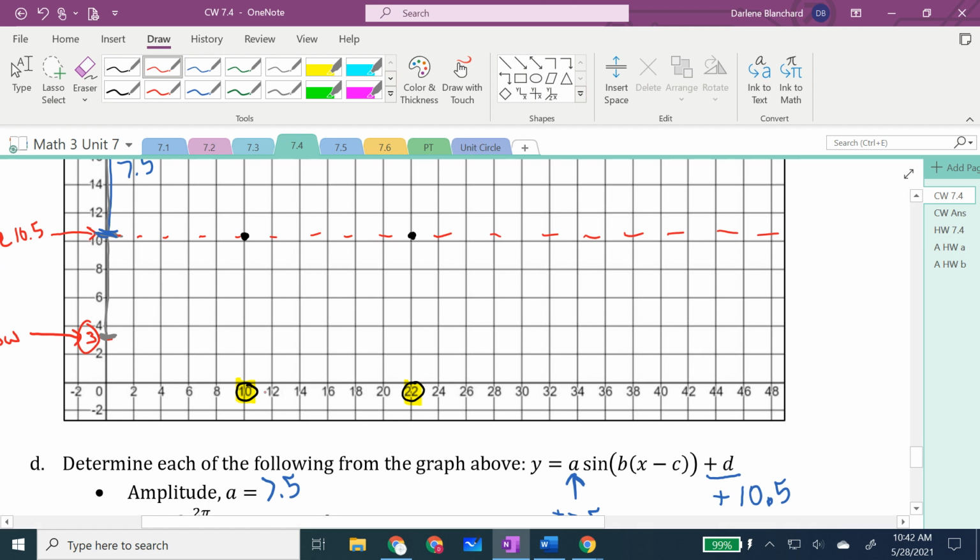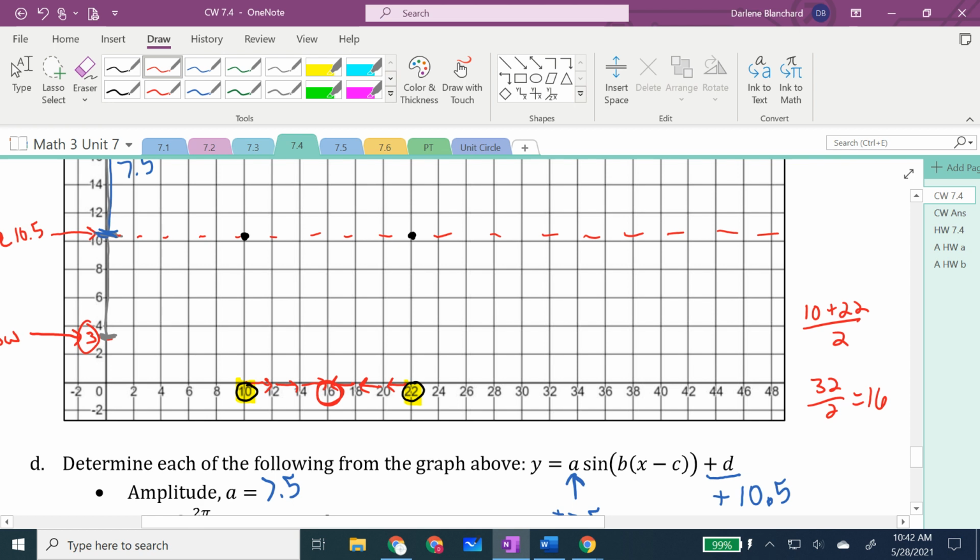And if you need to, you can literally count 2 units, 2 units, another 2 units, another 2 units, and then another 2 and another 2, and I hit my middle time. I can also do it by averaging the two numbers, which means add them and divide by 2. And you can see that we get 16.